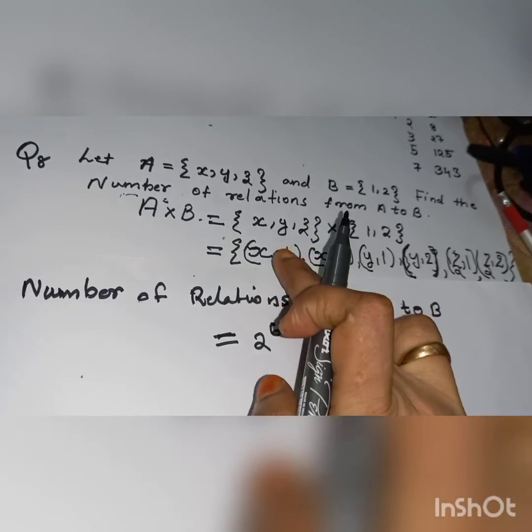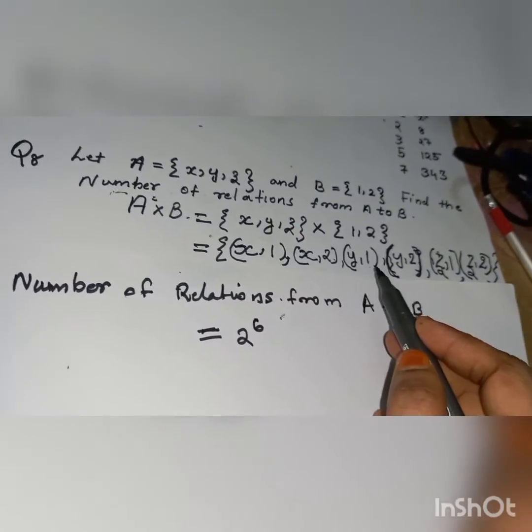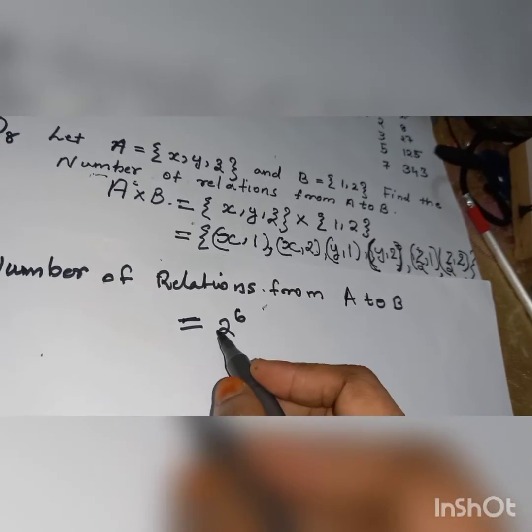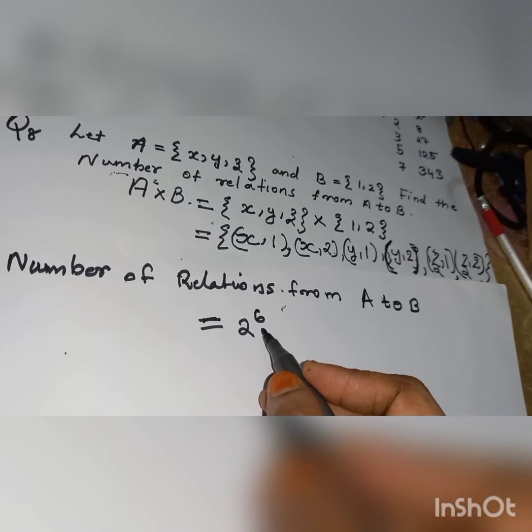How many elements are here? 1, 2, 3, 4, 5, 6 elements are here. So we can write 2 to the power 6.